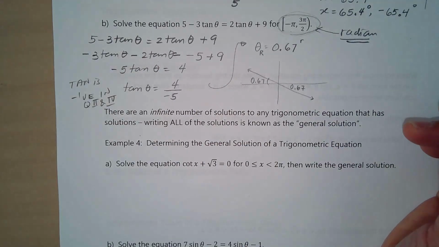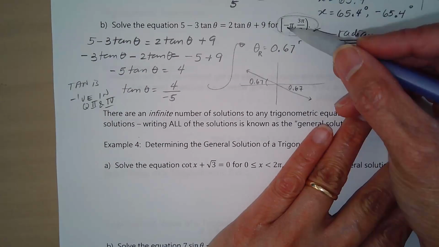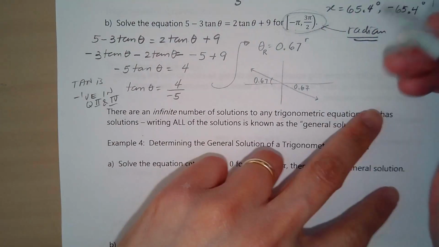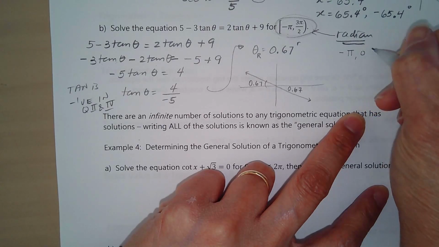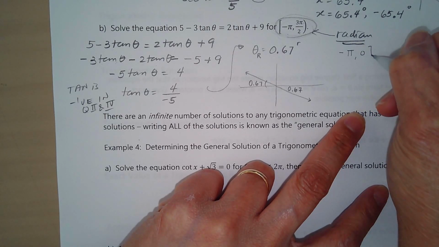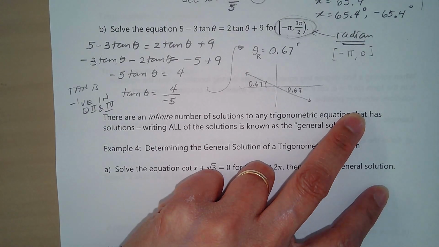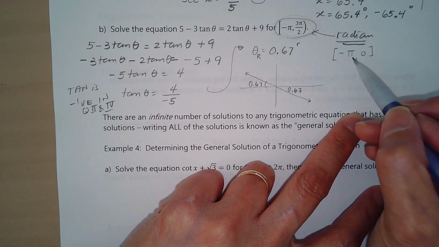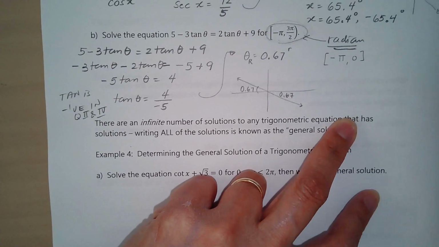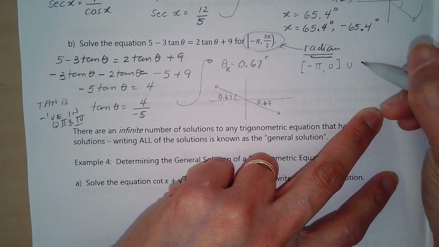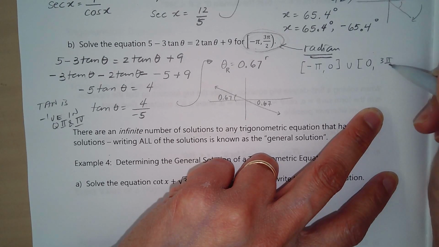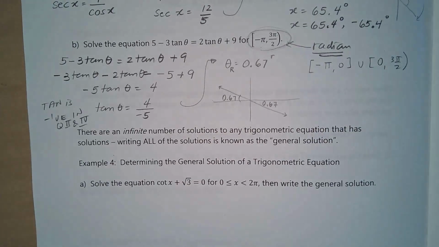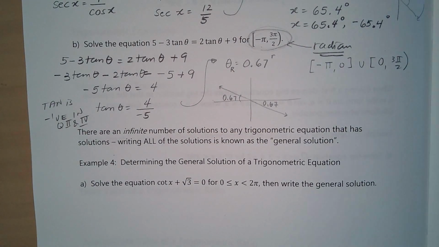So this is what I do sometimes, okay? I break it up into 2 parts. I go negative pi to 0, I figure out the answer there, and then I figure out the answer from 0 to 3 pi halves, so that I'm not doing everything all at once.